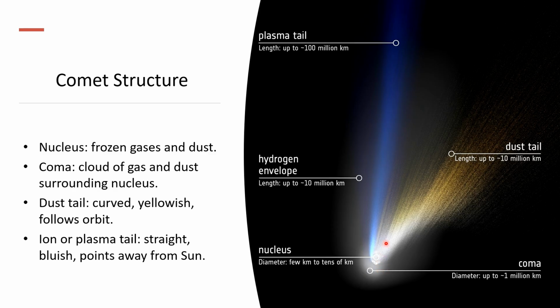One is non-ionized, just a dust type material, and that stretches out and forms what's called the dust tail, which can go tens of millions of kilometers. And then we have the ion tail, which are ionized particles, and they point directly away from the sun. This is the plasma tail, ion tail, gas tail, it has different names. And then we see the hydrogen envelope, which is just more gas surrounding the comet.